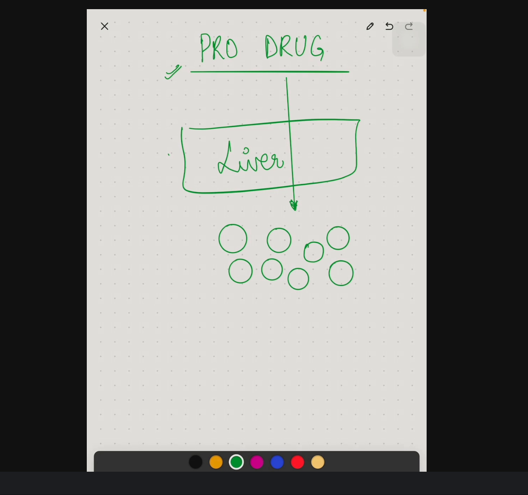So in this case, if there is an inducer that is increasing the metabolism in the liver, it will increase the active drug in plasma.